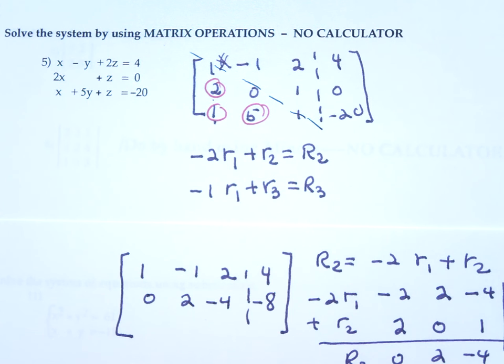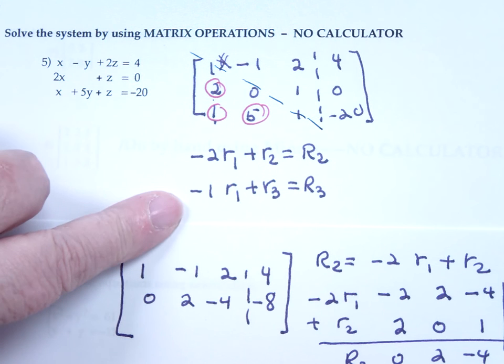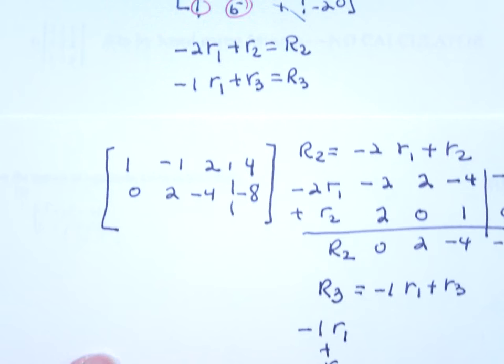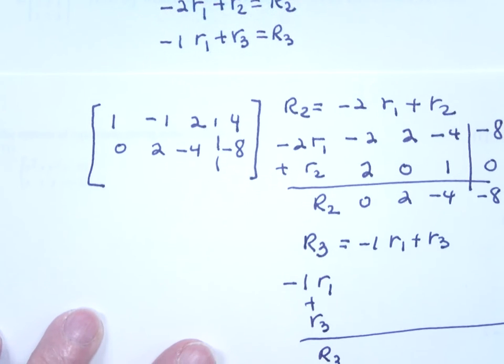Now I'm going to create a new row 3 by taking negative 1 times row 1, adding it to row 3. So negative 1 times row 1, adding it to row 3 is going to give me my new row 3. I have to move this up.